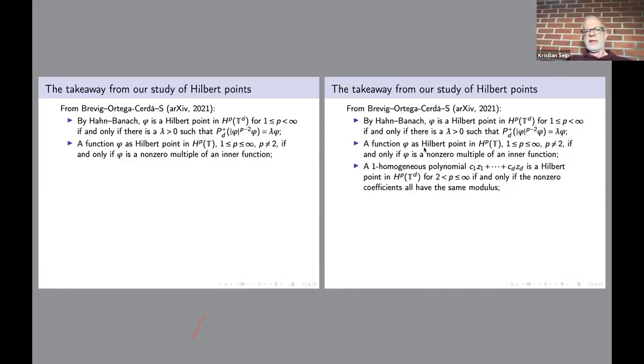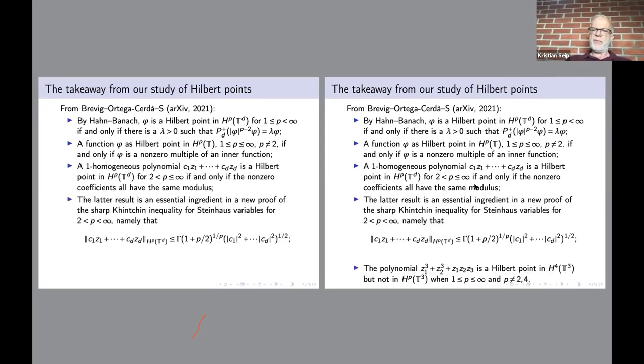So a function phi is a Hilbert point in HP of D if and only if phi is a non-zero multiple of an inner function. But when we go to higher dimensions, new things appear. So for instance, a one-dimensional homogeneous polynomial is a Hilbert point in HP when P is between 2 and infinity, if and only if the non-zero coefficients all have the same modulus. We believe this is the case for all P, but we cannot prove it.